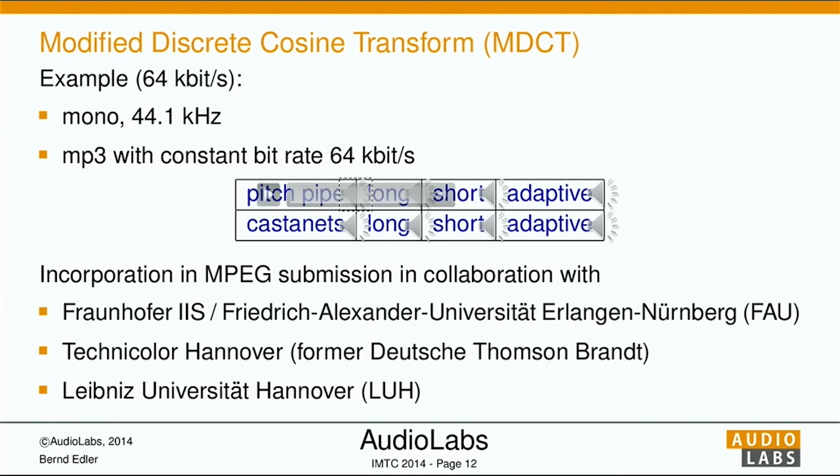You can improve it again by using the short or also the adaptive window. Maybe I just play the last example. So the clicks are sharper again when you do this.